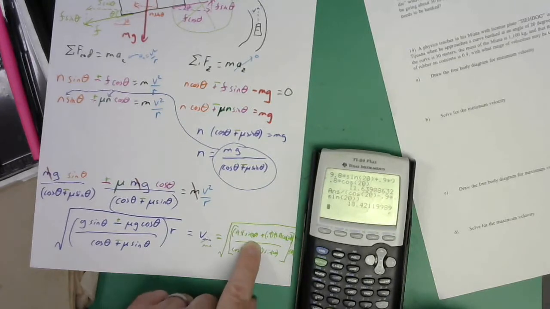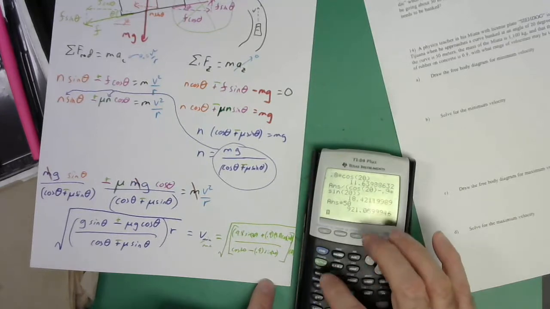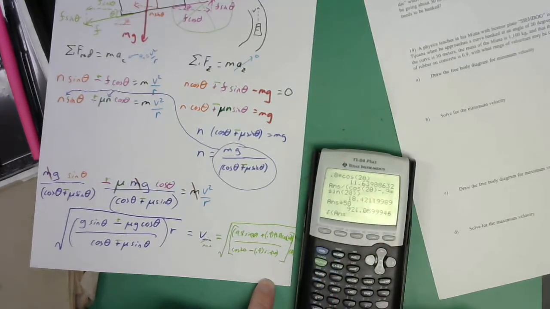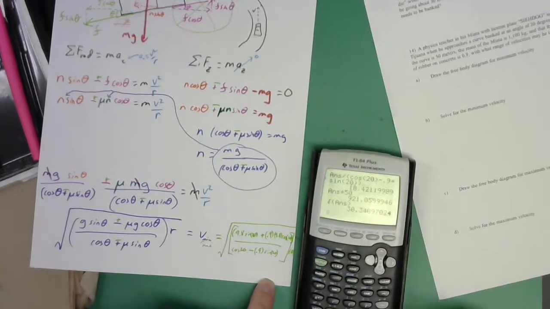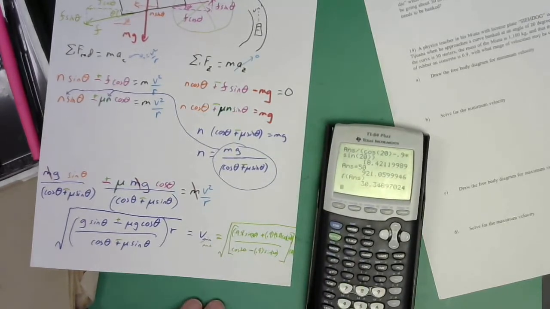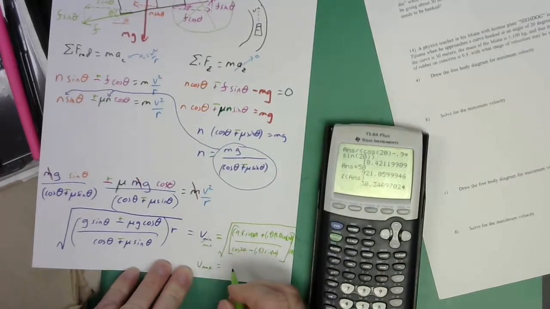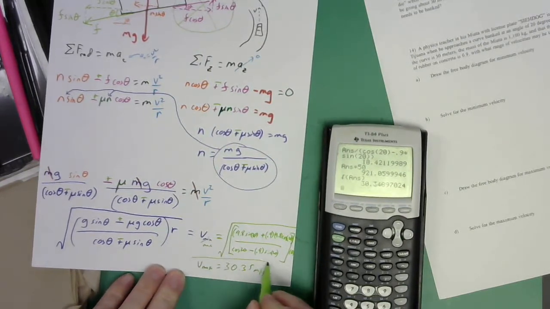Okay, that's this part. Now I've got to multiply by 50, the radius. Okay, now take a square root. There we go. 30.35 meters per second. That is our maximum speed now that we can whip around that curve at. So Vmax is 30.35 meters per second. Ta-da!